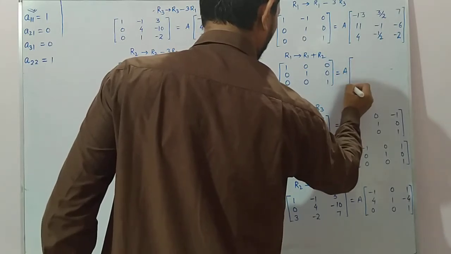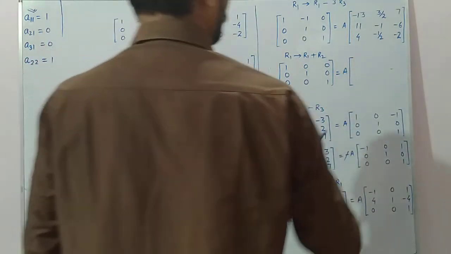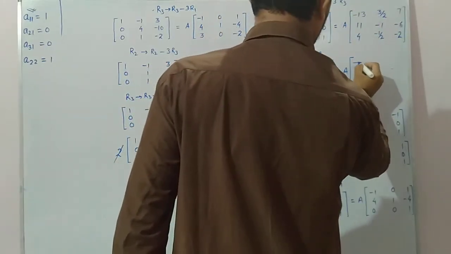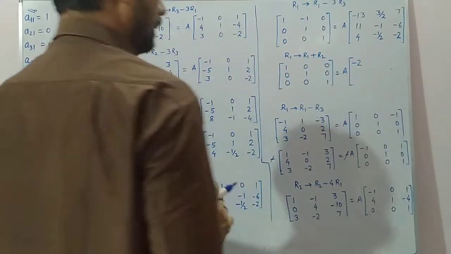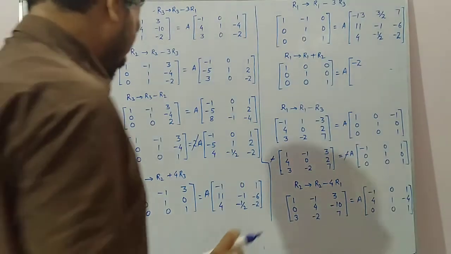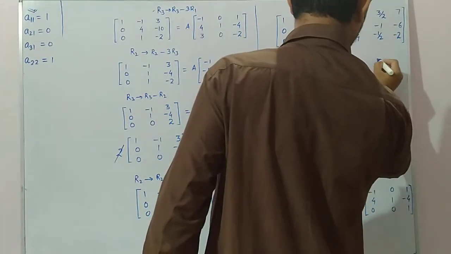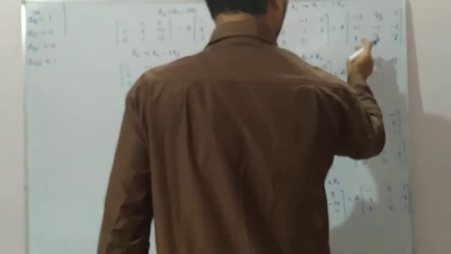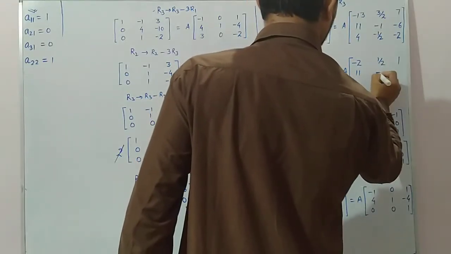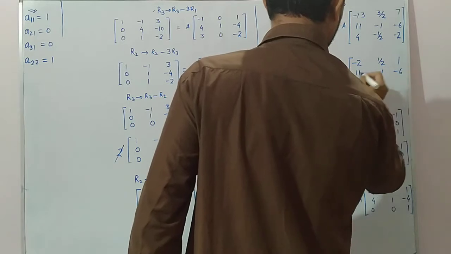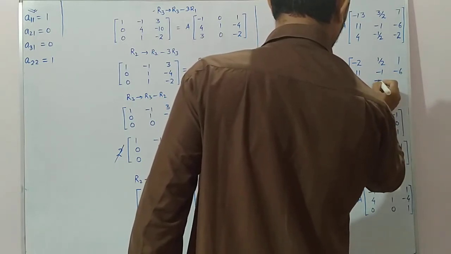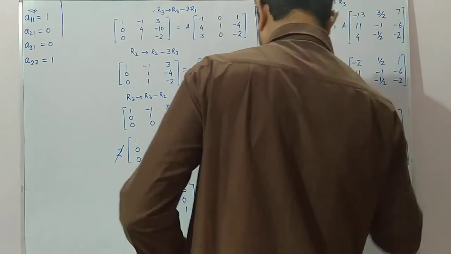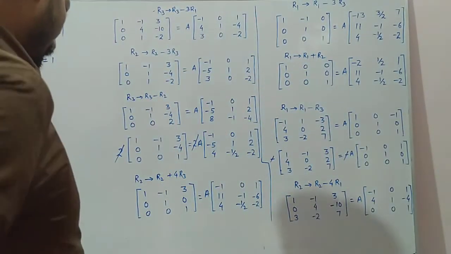A. R1 changes to R1 plus R2. So this will be minus 2, 3 by 2 minus 1, that is 1 by 2. This is 1. Then 11 minus 1 minus 6, 4 minus 1 by 2 minus 2.